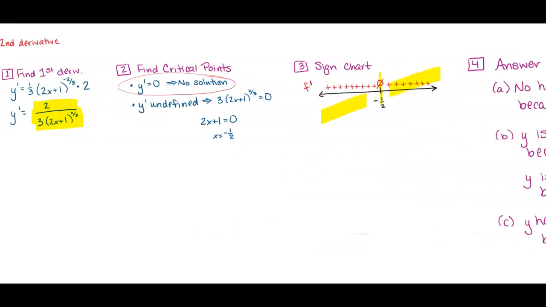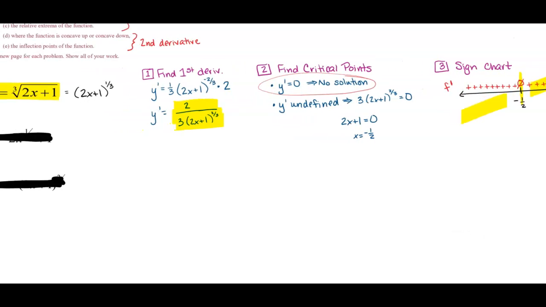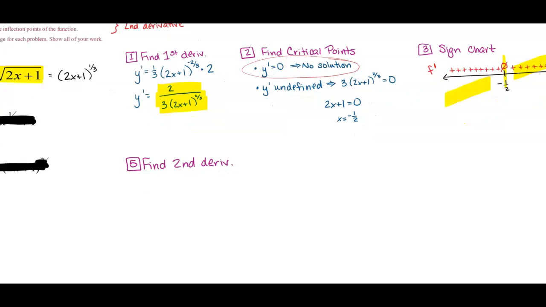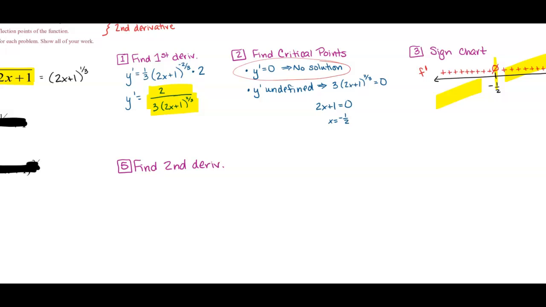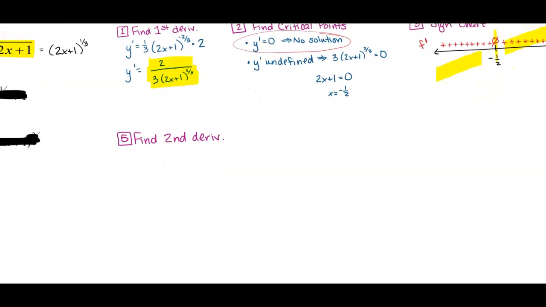For the next couple of questions, we're going to use the second derivative. So I'm going to go back here and put step number 5 right here. And we're going to use what we had up here for the first derivative in order to find the second derivative, but I'm going to write it a little bit differently.